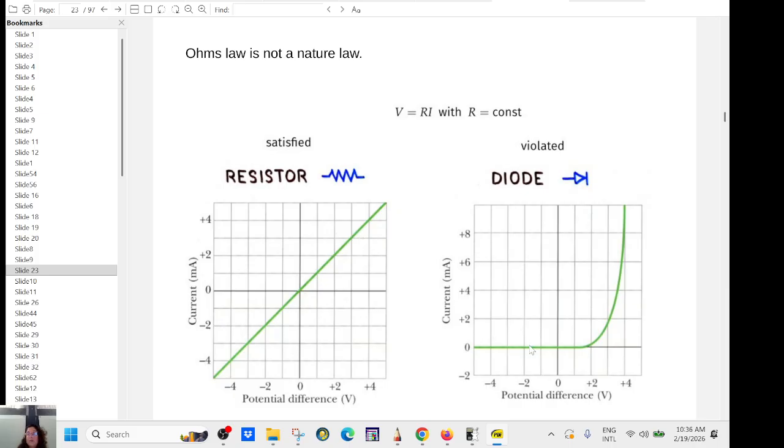Now, if you have a semiconductor, it's a whole different story. You cannot apply Ohm's law. If you have a diode, no current will flow until you hit a threshold. For a blue LED, for example, it's about 2 volts, and all of a sudden, boom, you have an exponential growth. It's not under control anymore.